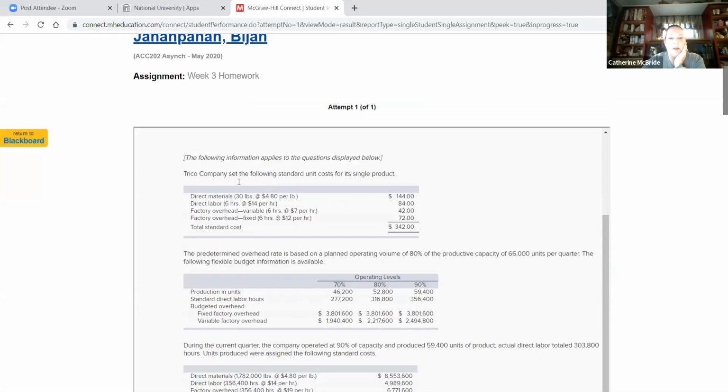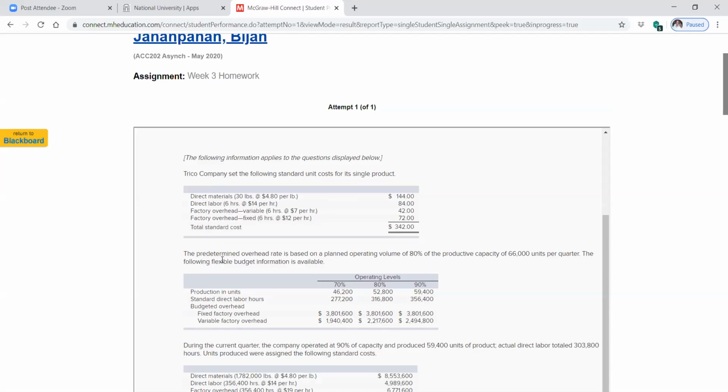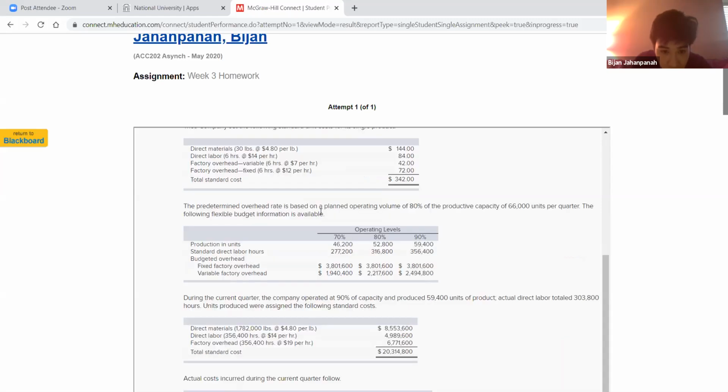So the first set of data is materials. Okay, wait, here's factory overhead. Okay, so this is budget, the first group. I need paper. Would the second block not be budget, though? Yeah, well, I see it there too.